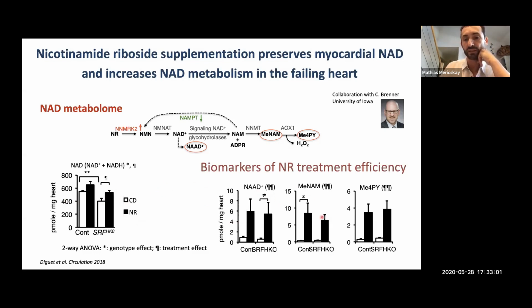But when you look at some of these derivatives, which are normally at very low level in the normal diet, both in the controls and in the mutants, you can see the impact of the NR treatment on the myocardium is really clear, considerably raising the production of these metabolites, suggesting that we have indeed induced again the cycling of turnover of NAD with this diet.